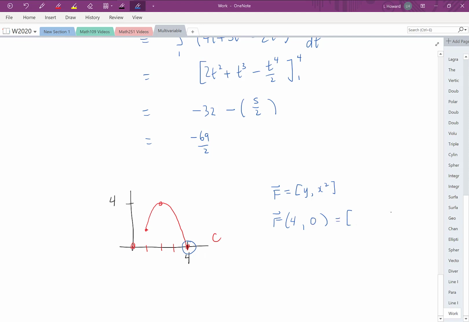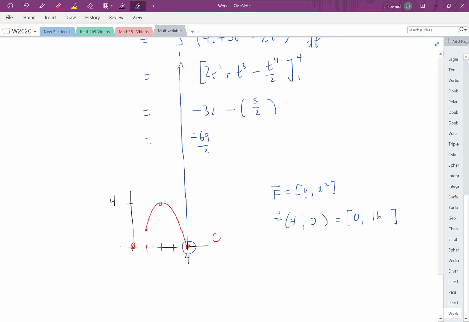If we plug that into our vector field, we get (0, 16). So at this point, the force is acting vertically and has a very large magnitude. If I actually drew this to scale, it would be way up here. I'm just going to draw that to illustrate.